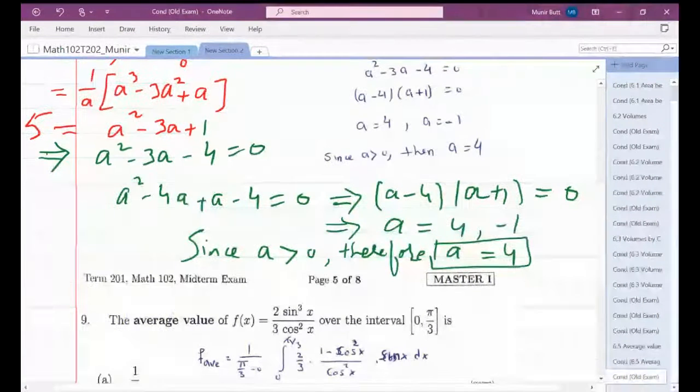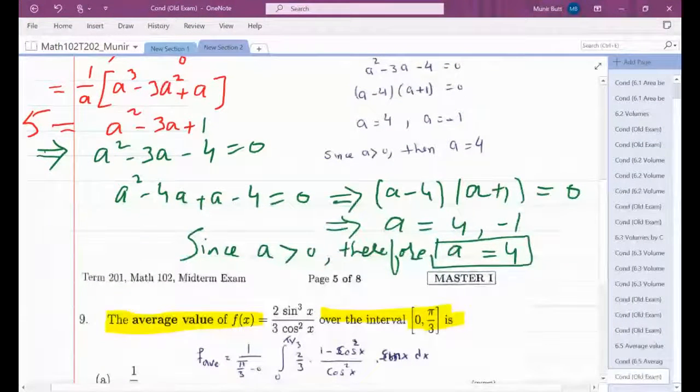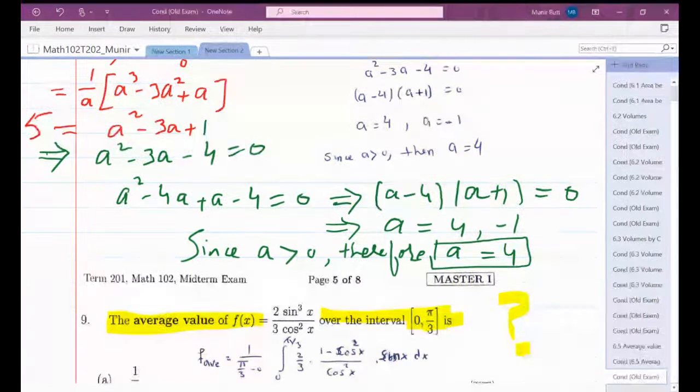The question is: the average value of this function over the interval is which one? Please do it by yourself. The hint is the same: the interval is 0 to pi by 3, and the function is sine cube over cos square. Now sine cube can be written as sine x times sine square x, and then sine square can be written as 1 minus cos square x, and then you have to make a substitution. So here I stop the recording, and I ask you to solve it by yourself and see if you can do it or not. Thank you very much.